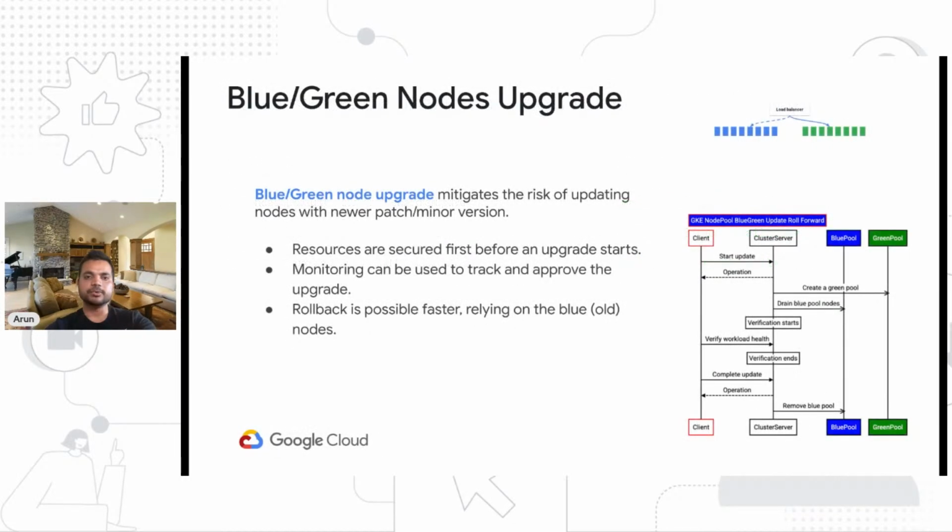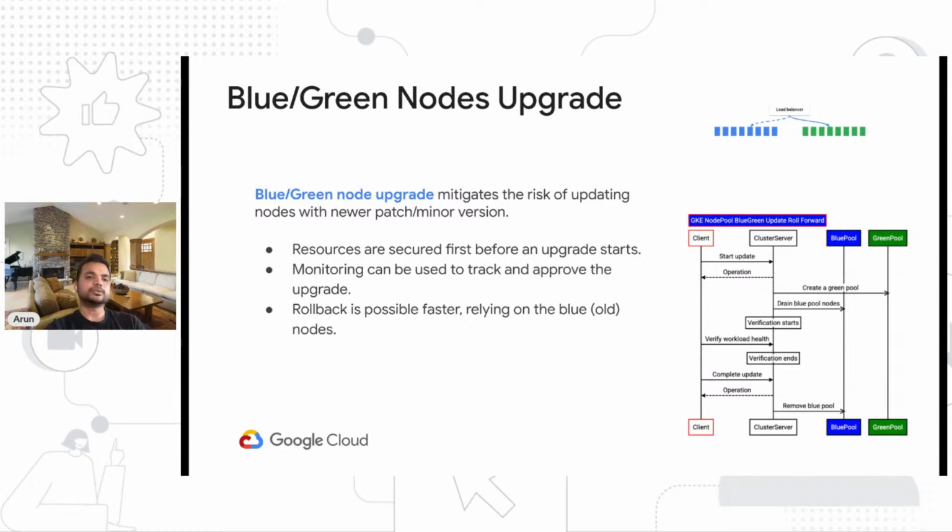Let's quickly cover blue green, how it actually works as a workflow. In a nutshell, the first step is that GKE creates the same amount of nodes in the green pool, as we call it, and then it cordons the blue node pools so that new pods cannot be provisioned on those nodes, and then it drains those blue node pools.